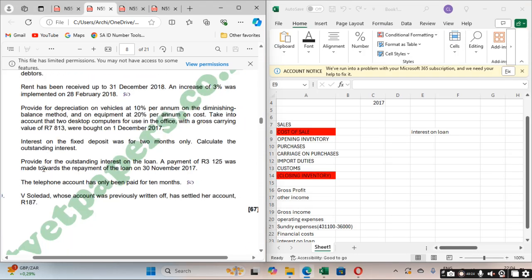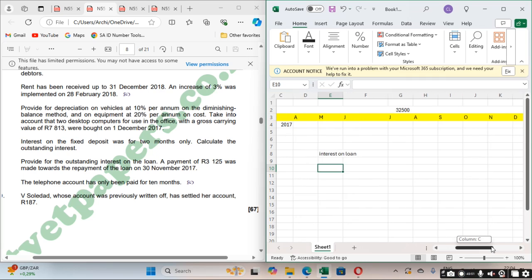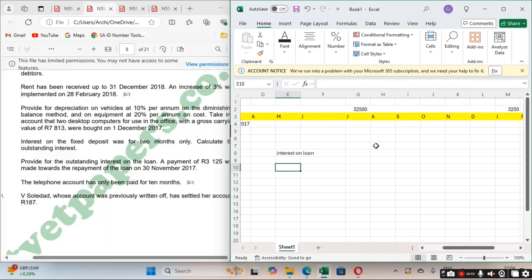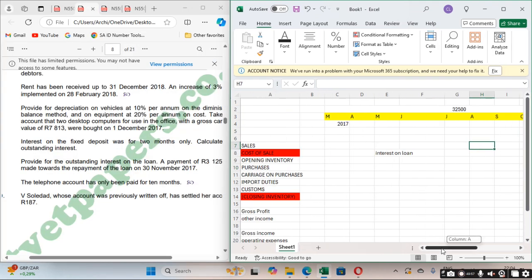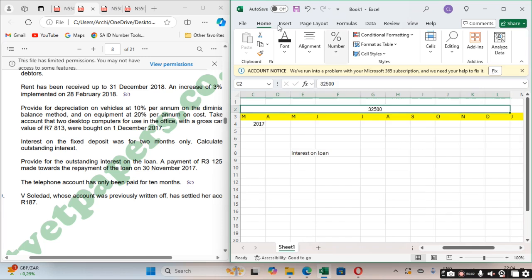So provide for the outstanding interest on loan. A repayment of 3,125 was made towards the loan on 30 November 2017.